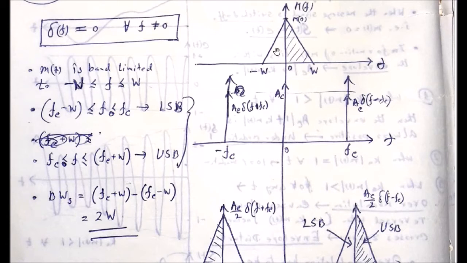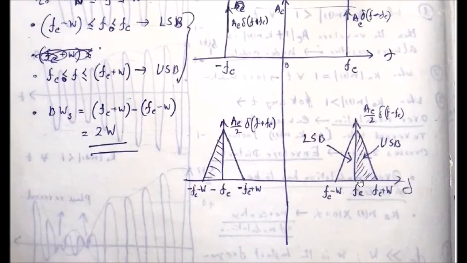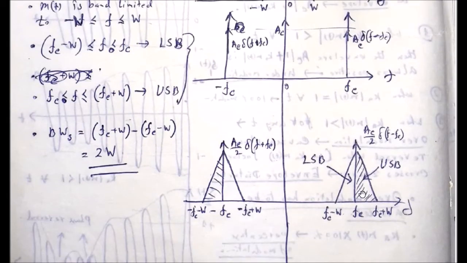But if you shift this whole thing to the right, then the right side as well as the left side will now come to the positive frequency axis. That means both of these components become physical here.